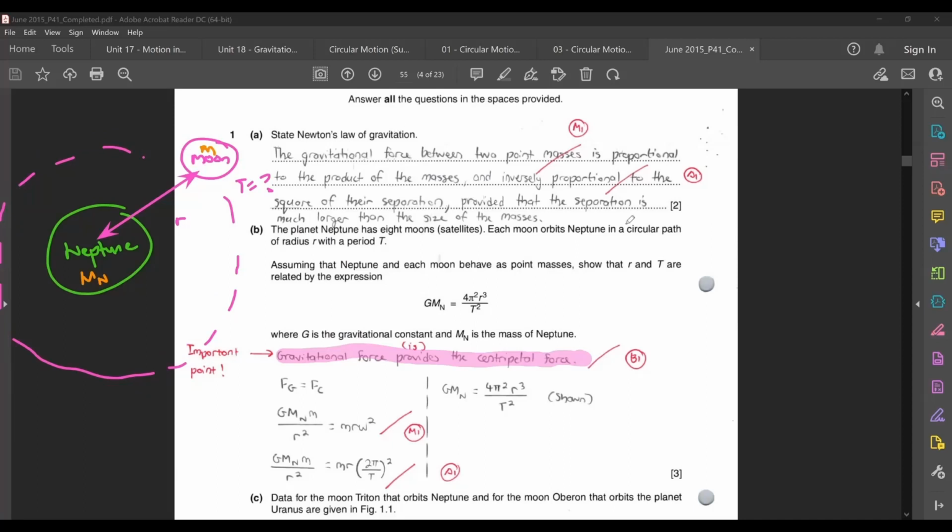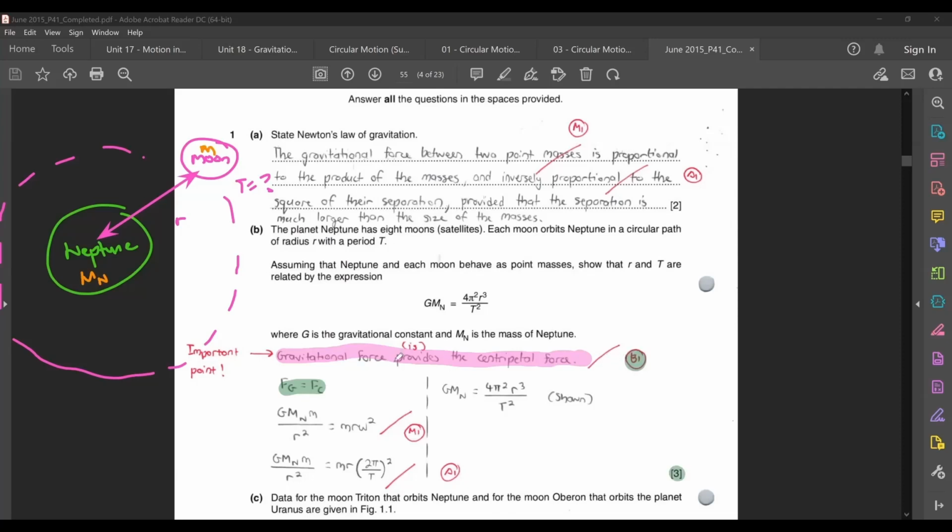I would suggest that every time, before you write the equation Fg equals Fc, always write this statement first, specifically saying that gravitational force provides the centripetal force, because this statement sometimes is where your mark comes from. You have 3 marks here.